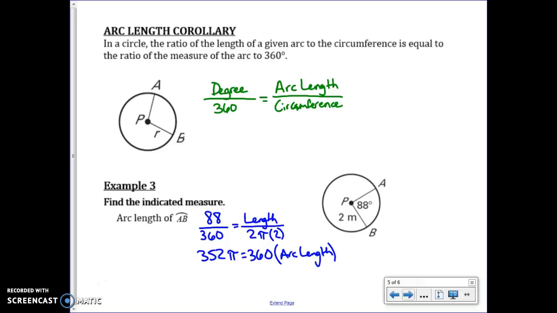Now how do you get to just the arc length? We need to divide by 360. So 352 pi divided by 360 is about 3.07. And our label should be meters, since that's the label on our radius.